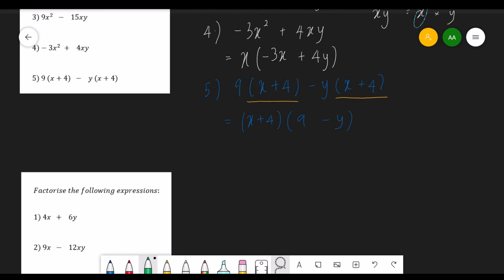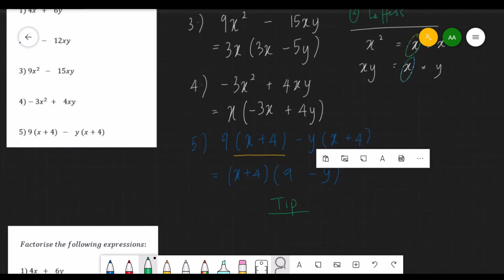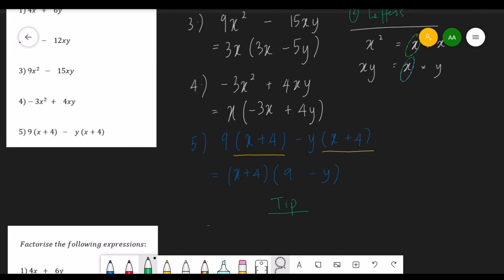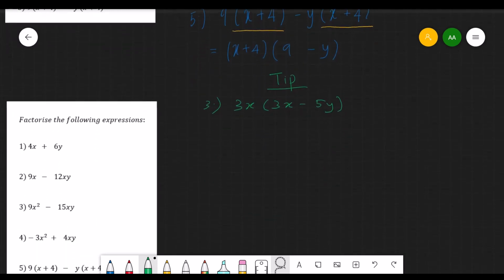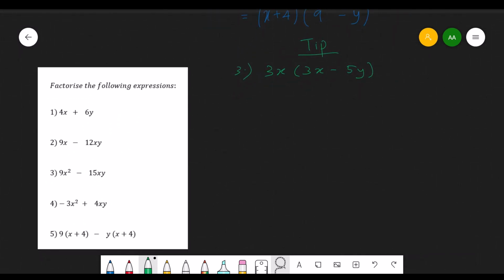Time for second tip. Another tip that I want to give you guys. Let us just look at number 3. Our answer for number 3 is 3x bracket 3x minus 5y. How do we know that we have done our factorization correctly?